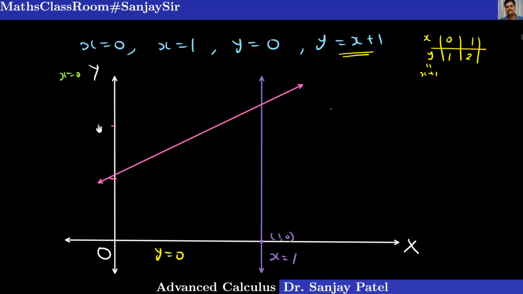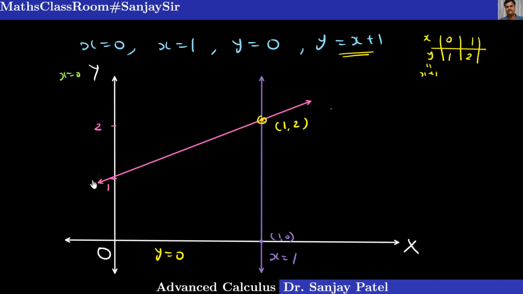If this is 2 and if this is 1, then for x equal to 1, y is equal to 2, so it should be somewhere here. Let me make it down. Okay, fine. So these two lines are intersecting at the points 1 comma 2 and 0 comma 1.